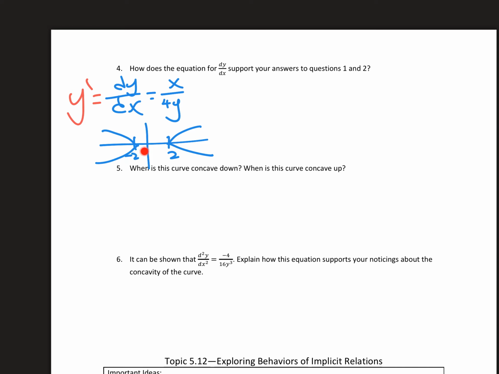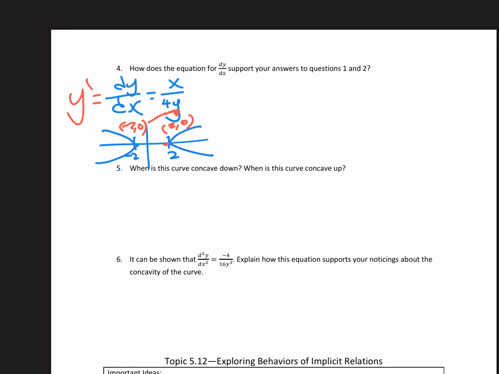Take a look. We said the vertical tangent was happening at negative 2 and 2 for x. But look at the y value at these locations. At this point right there, my coordinate was 2, 0, and then negative 2, 0. That connects back to this idea: we need the derivative to be undefined, in this case the denominator to be 0.